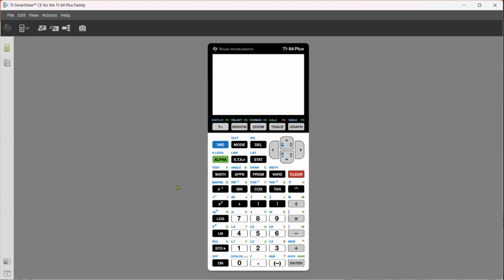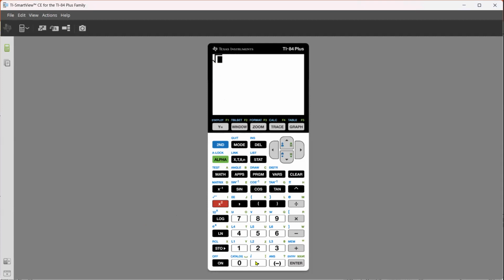On my calculator, the square root is on top of x squared in the left-hand column, so I press second, square root. You can use parentheses, but you don't have to, because you're multiplying p by q anyway.